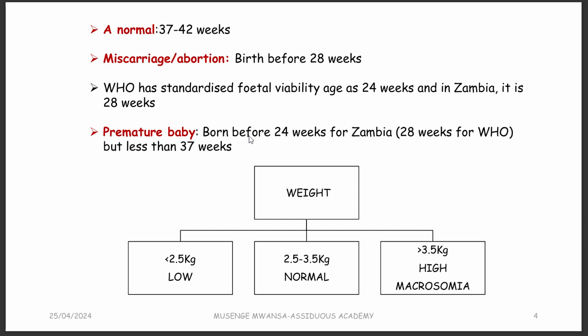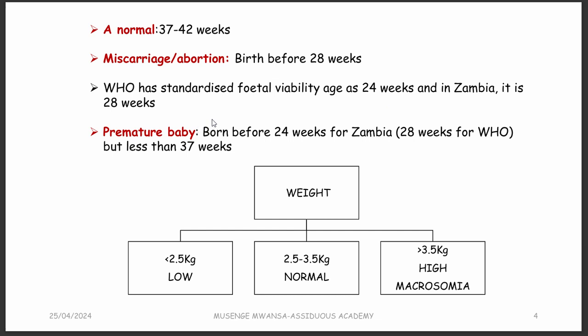Now this word "before" that I put here is actually wrong. A premature baby is a baby born after 24 weeks for WHO, or 28 weeks for Zambia, but less than 37 weeks. Remember, normal is 37 to 42. And the viability age is 24 for WHO, and 28 for Zambia.